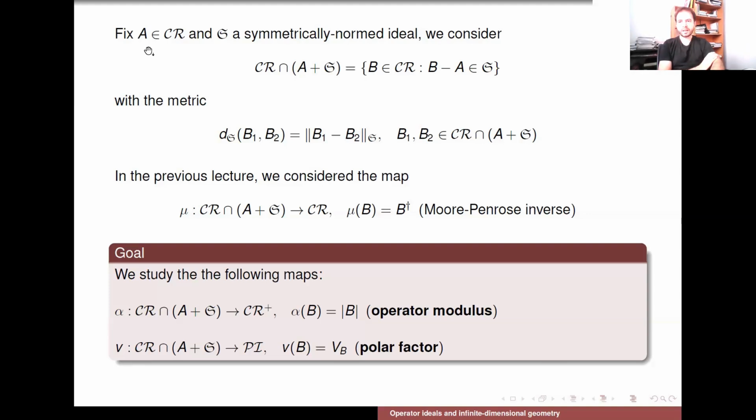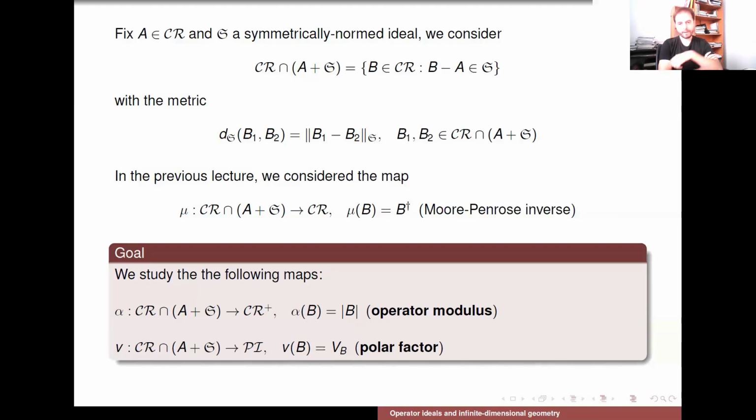We fix an operator A and a symmetrically normed ideal S, and we consider these sets of perturbations of A by the ideal. Here we have a well-defined metric given by the norm of the ideal.